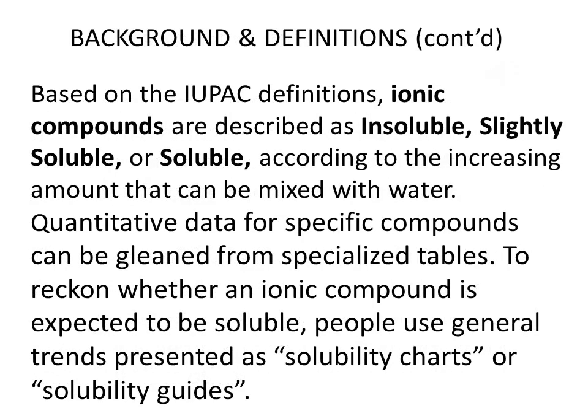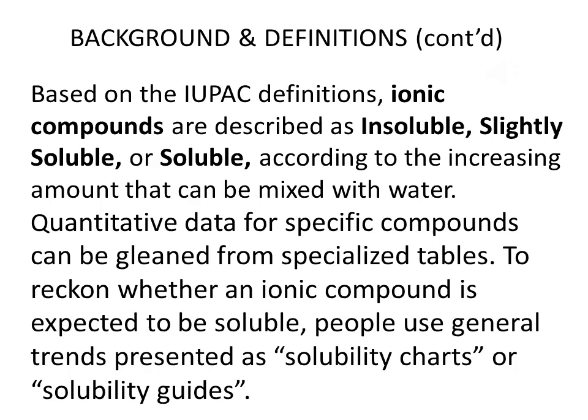Based on the IUPAC definition, ionic compounds are described as insoluble, slightly soluble, or soluble according to the amount that can be mixed with water. Quantitative data for specific compounds can be gleaned from specialized tables.